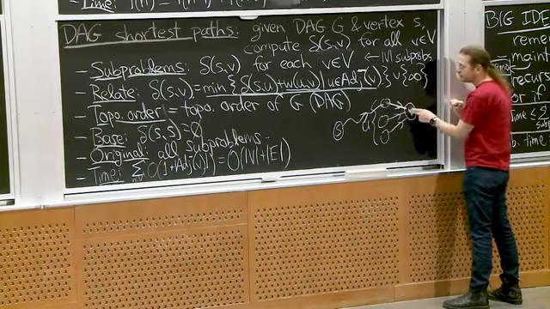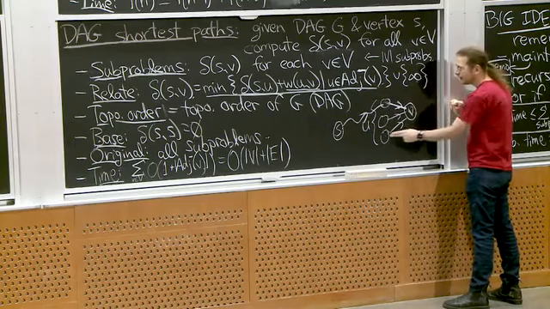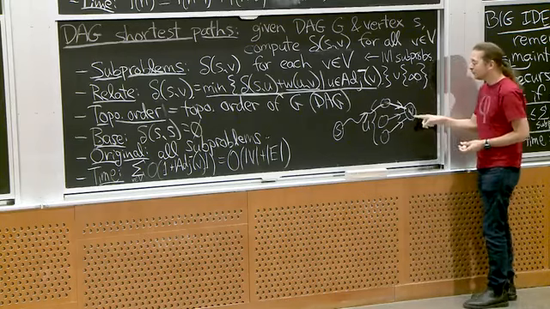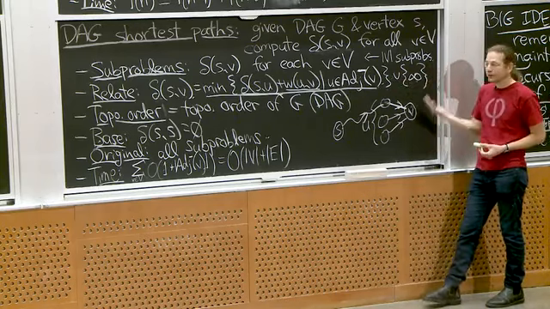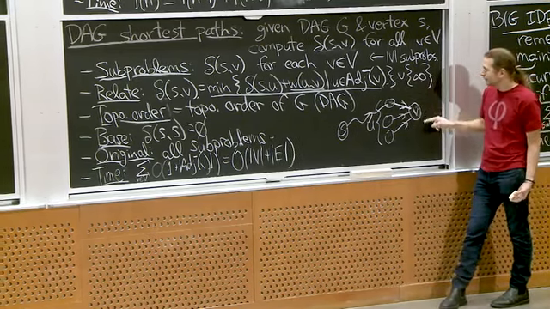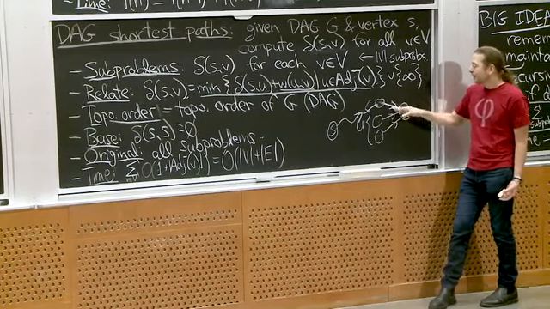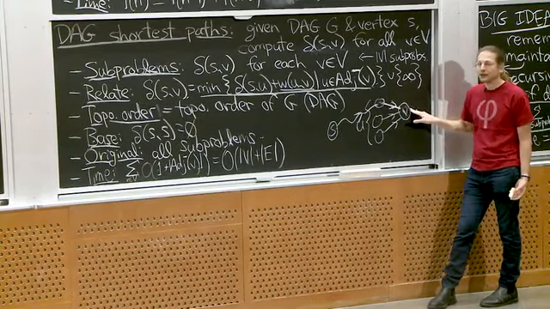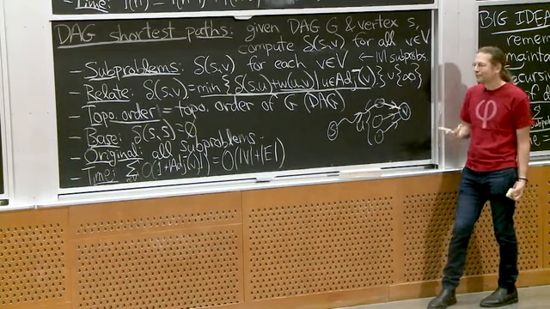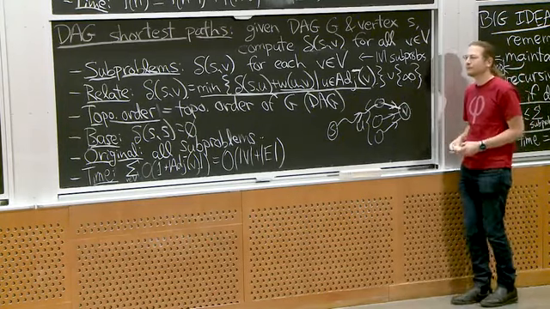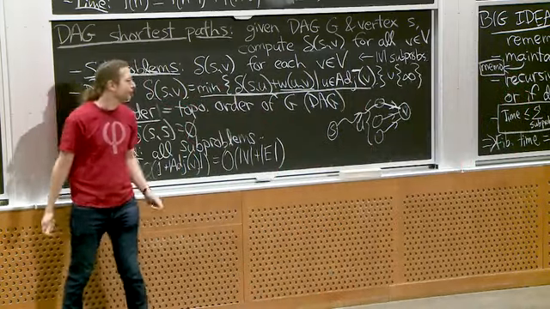The next edge, if this gave a better path from S to V, then we would relax that edge and update the weight here and do the same here. In the end, we're just computing this min in the relaxation algorithm, but doing it step by step. In the DAG relaxation algorithm, for each incoming edge to V, we update D of V if it's better. And so if you repeatedly update if you're better, that ends up computing a min. OK, so this is the same algorithm, just kind of flipped backwards.